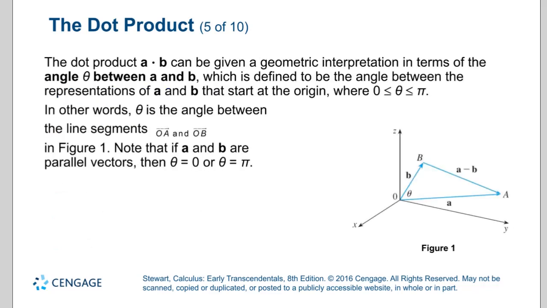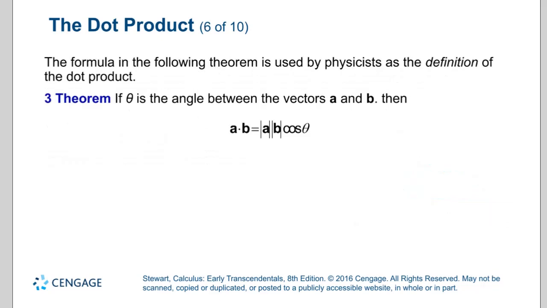The next thing that we can use the dot product for is to help us figure out the angle between two vectors. Here we have a geometric representation of the vector A and the vector B, and we have theta in between. The formula is that the dot product of A and B equals the magnitude of A times the magnitude of B times cosine of theta.